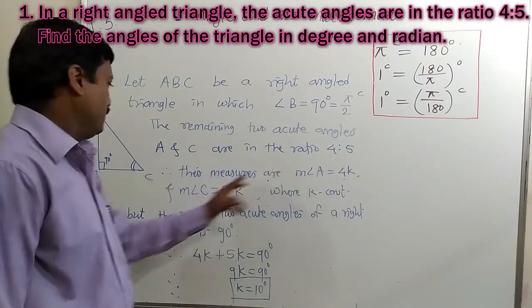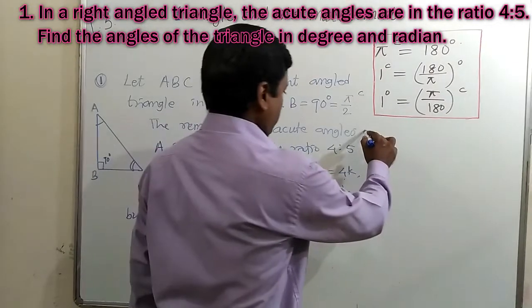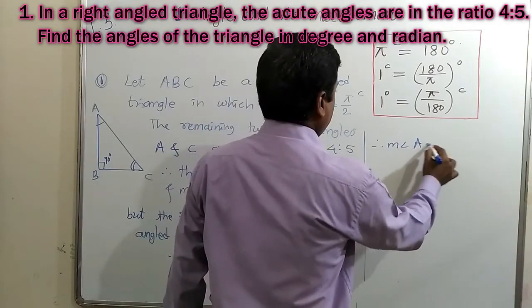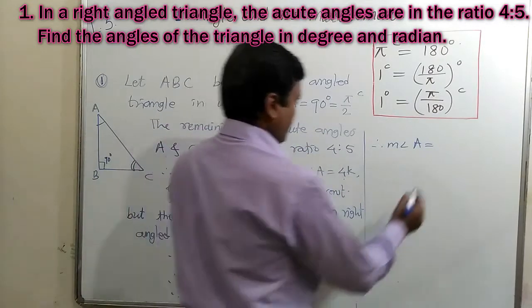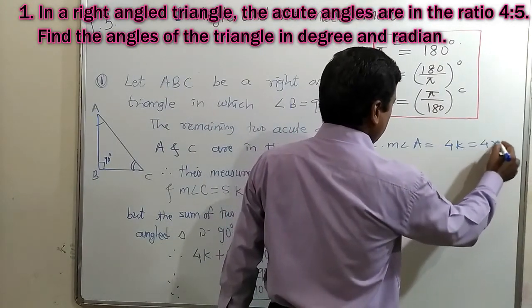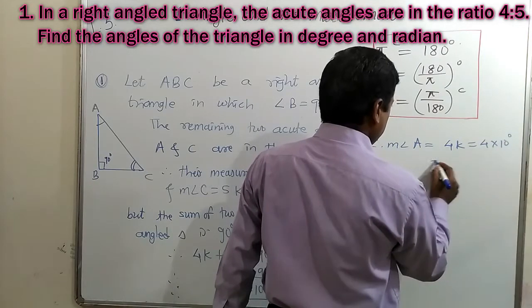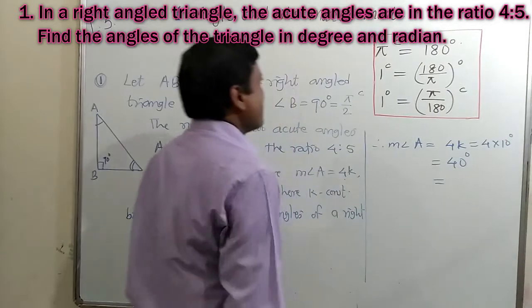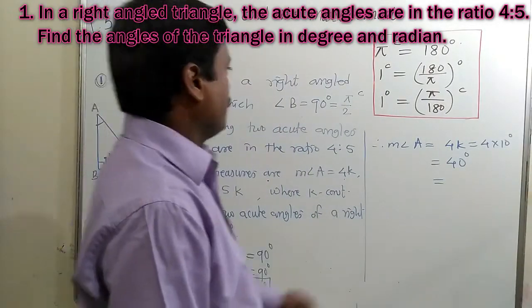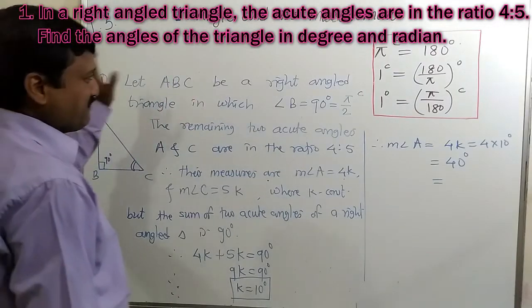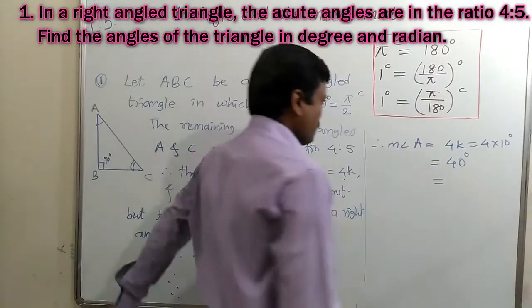From that we can write angle A and angle C. The measure of angle A is equal to 4K, so it is 4 into 10 degree, that is 40 degree. It can be converted from degree to radian, because our question asks for the angles in degree and radian also.